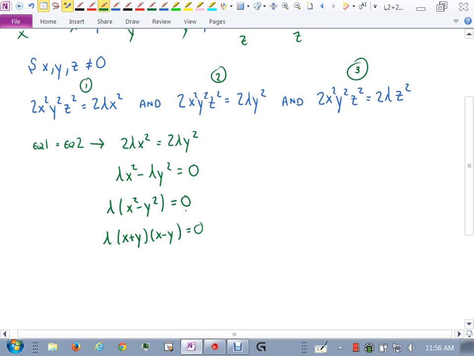So we get three different things that could happen here, right? Lambda could be 0, x could be y, or x could be negative y. So we're going to have 3 different supposes just from this one thing. Questions, though? Yes.